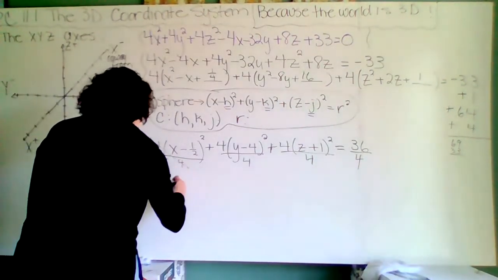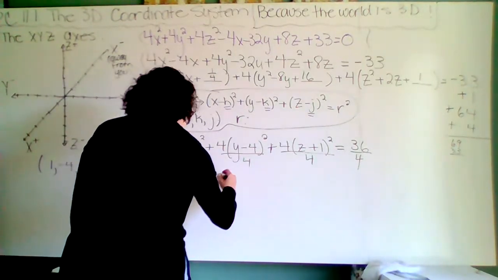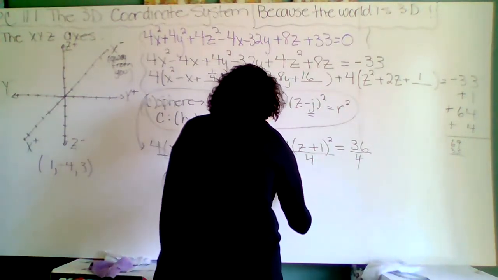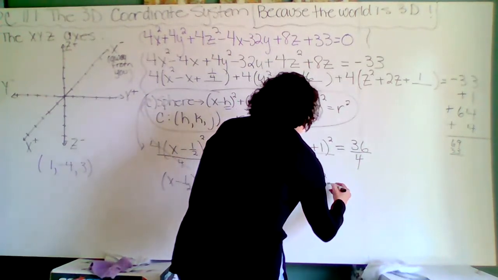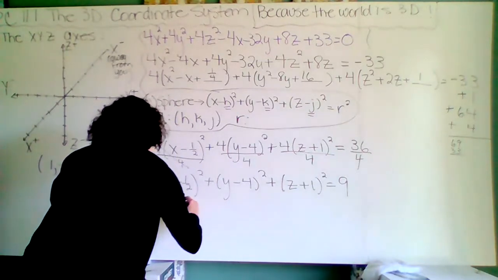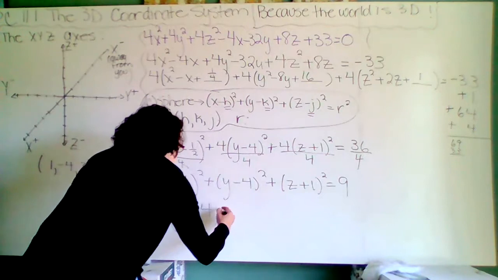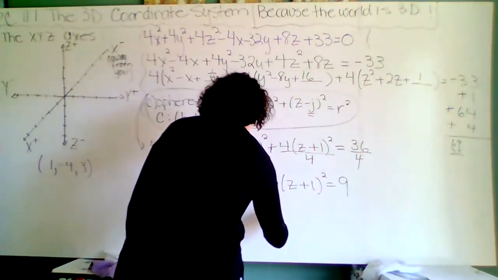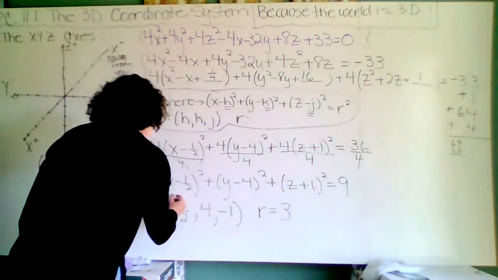And we have x minus 1/2 squared plus y minus 4 squared plus z plus 1 squared equals 9. So my center point is 1/2, 4, and -1, and my radius is 3. There we go.